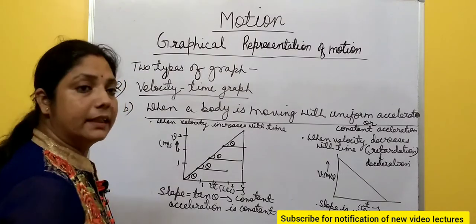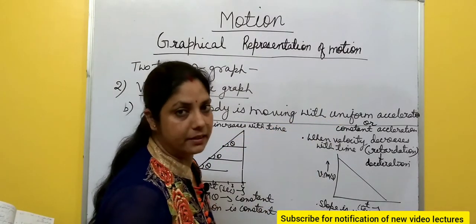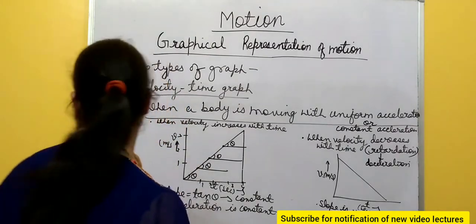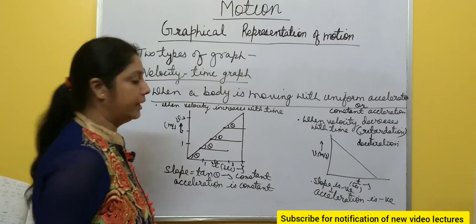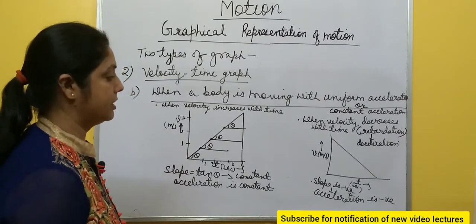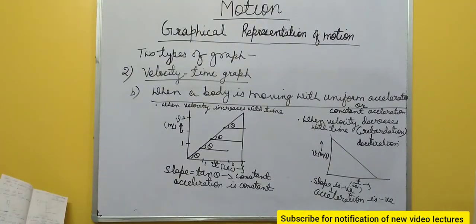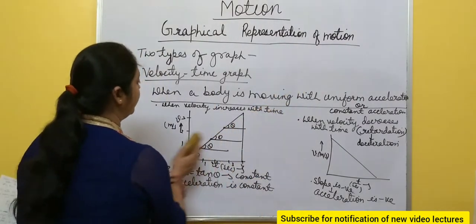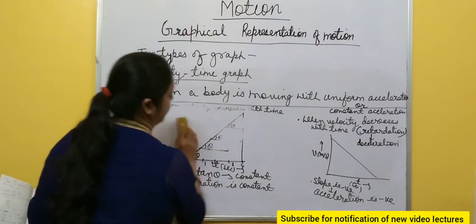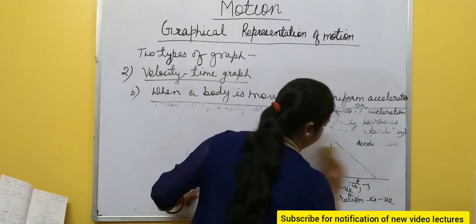Now there is another case when a body is moving with non-uniform acceleration. What type of graph is formed in that case? Okay, pause it and write down all the things fast. Okay, next one is the case when a body is moving with non-uniform acceleration. What type of graph is formed in that case, right?